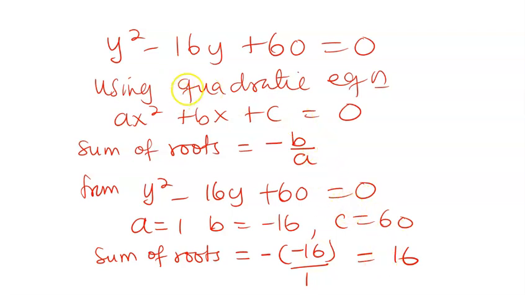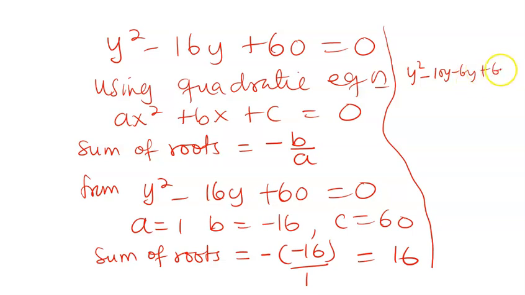As I said, you can also solve this equation. You can say the factors will be minus 10 and minus 6. So y squared minus 10y minus 6y plus 60 is equal to 0. So y into bracket y minus 10, minus 6 into bracket y minus 10 equal to 0.